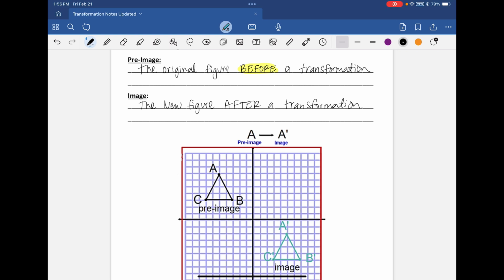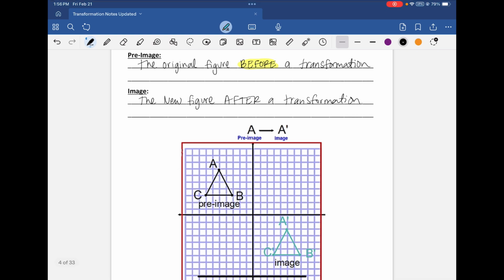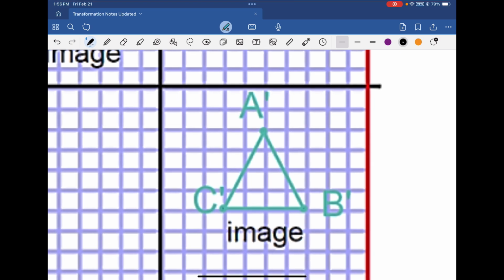We can see below here in this picture, we have our pre-image in black, our triangle ABC, and then our image is triangle A prime, B prime, C prime. If I zoom in, you can see that there are those little dash marks above the A. I'll highlight them in yellow.